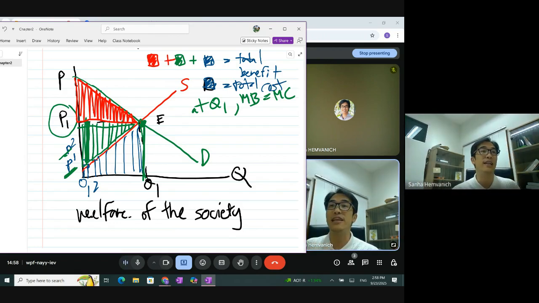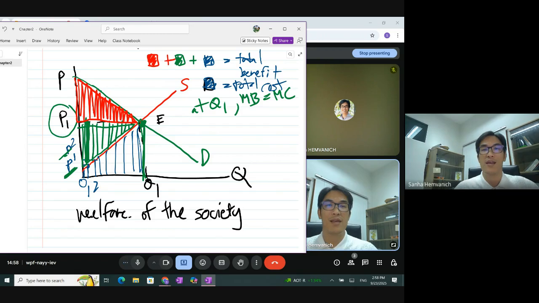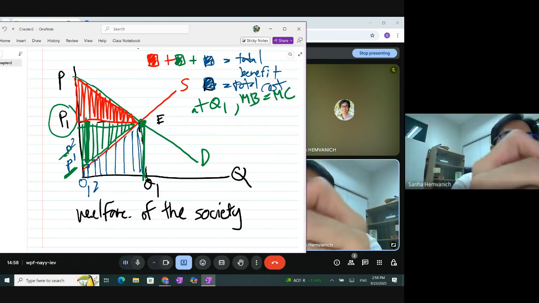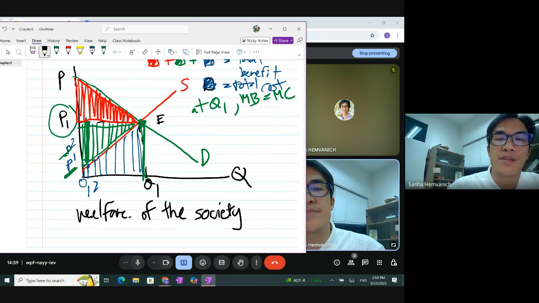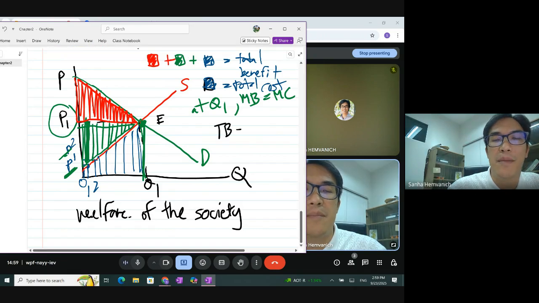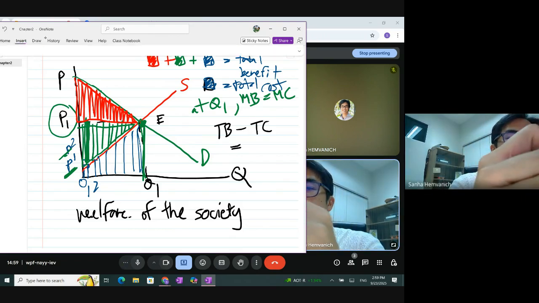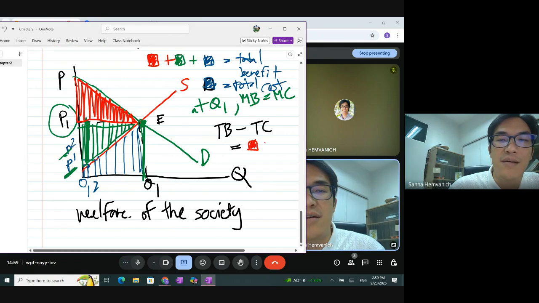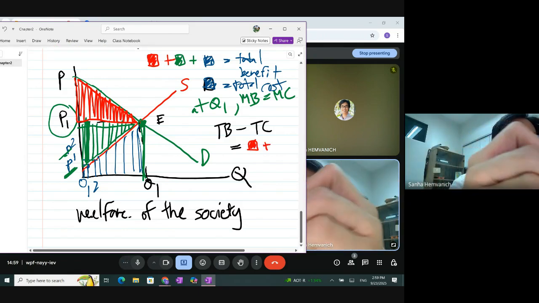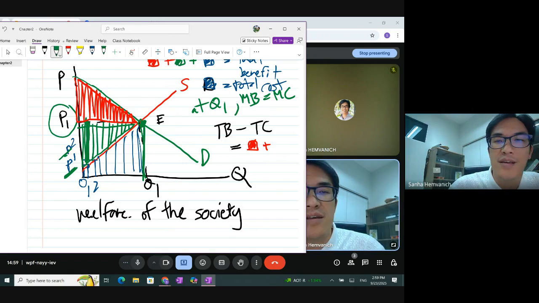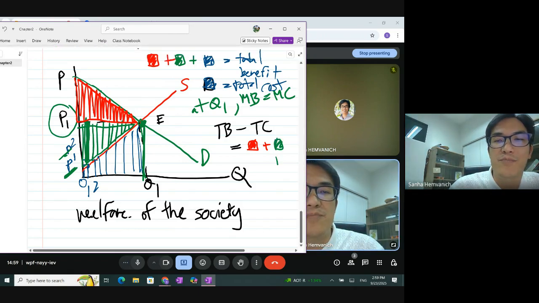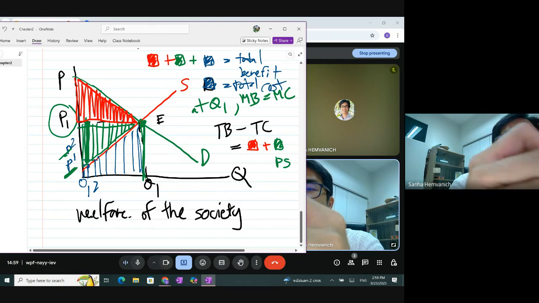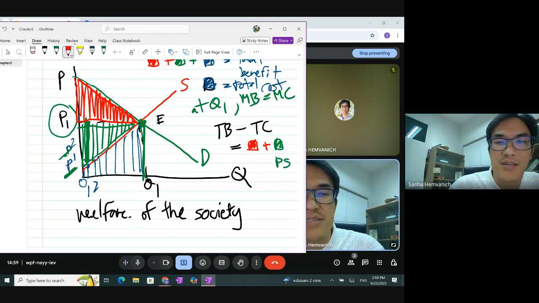So you can see that in terms of welfare, the total benefit minus total cost is just the red area plus the green area. And you know that the green is producer surplus and the red area is consumer surplus.